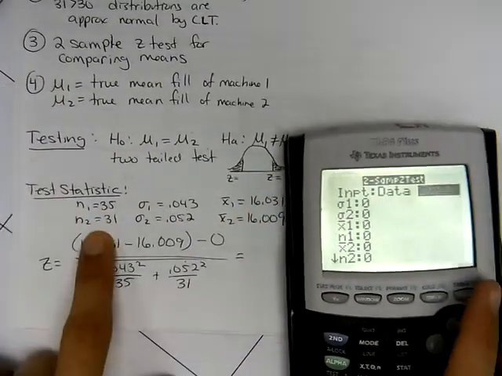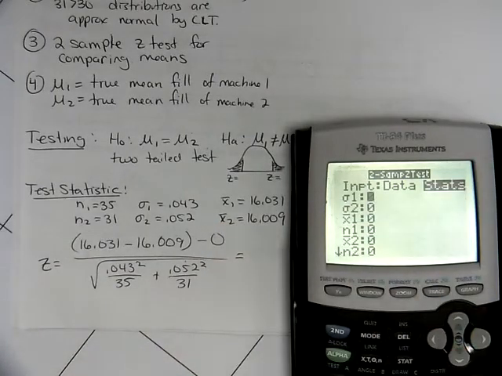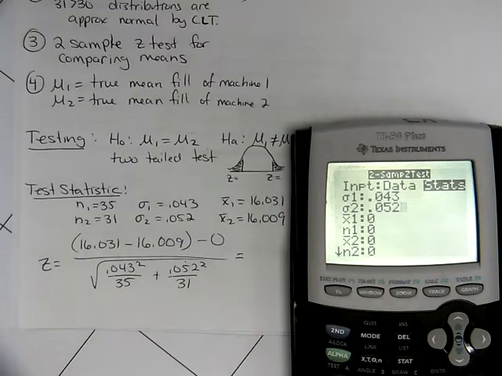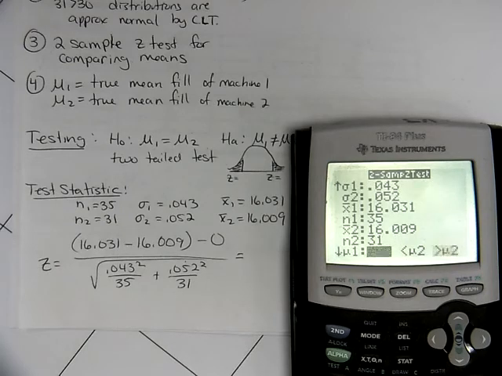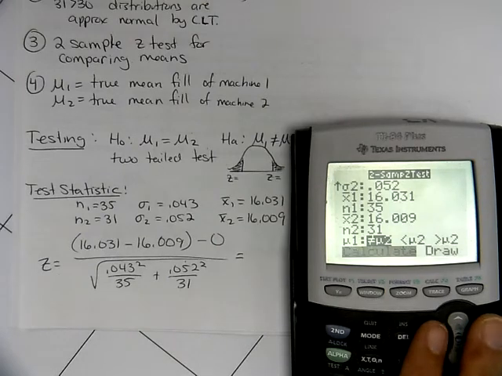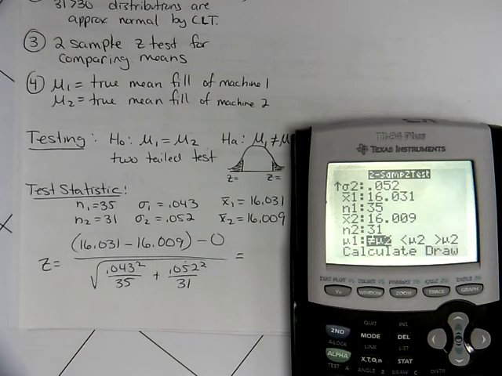So then just plug in. That's why I like it organized here, because then it's organized to put in, because you're going to flip back and forth between 1 and 2. Bless you. And then you can either hit calculate or draw, like we've been doing. I'll hit draw.